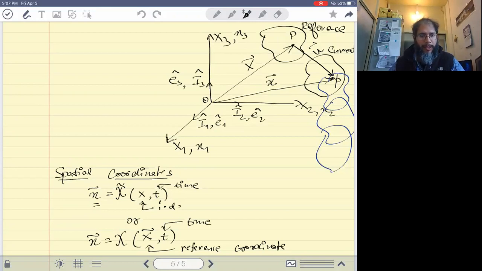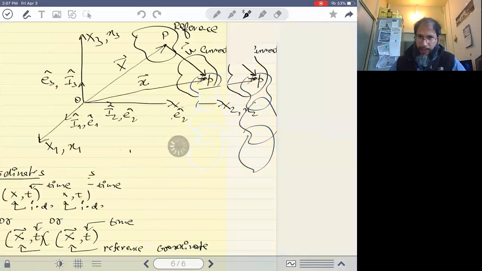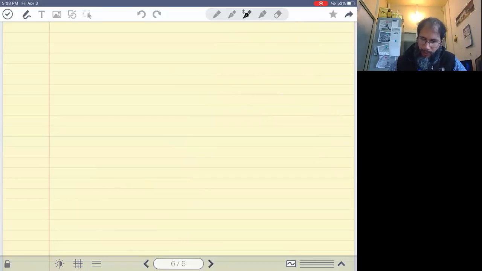Remember that capital X was the coordinate corresponding to some material point lying in that coordinate. As an example, let's take the figure that we have drawn. Well, let's try to draw a new figure because the current one will not help us too much.